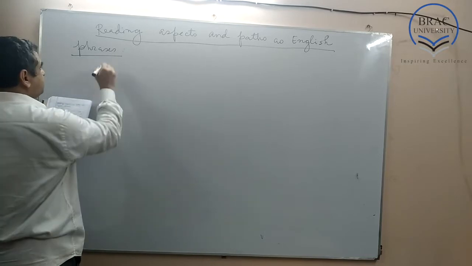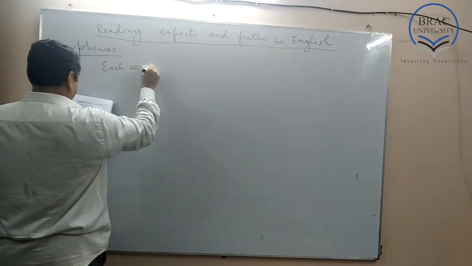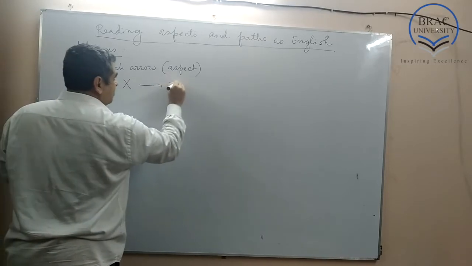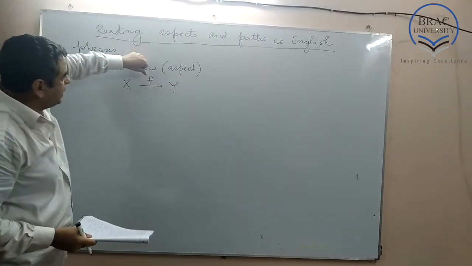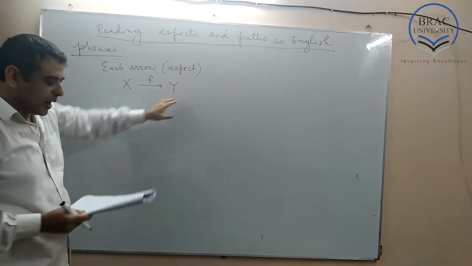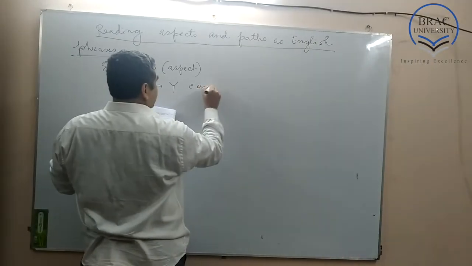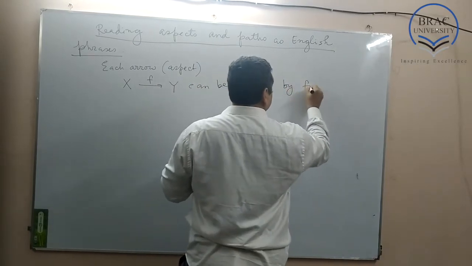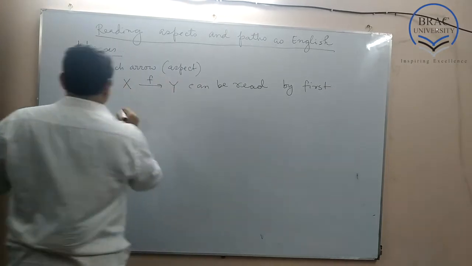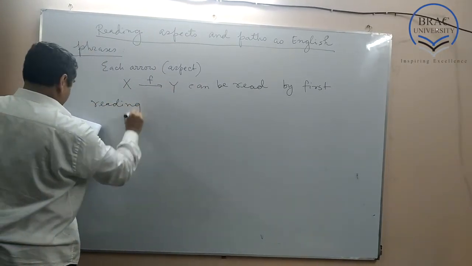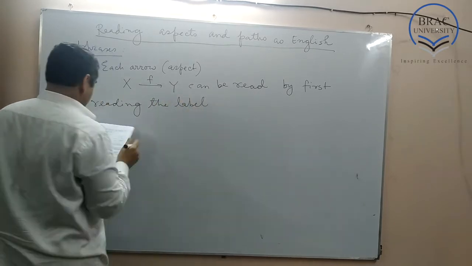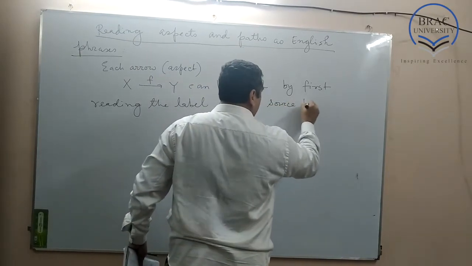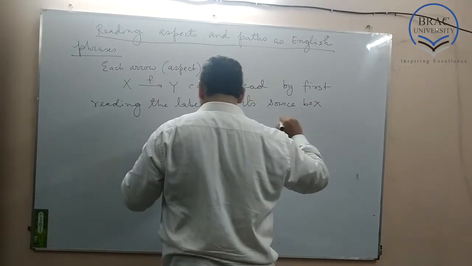So, given an arrow, and we know that the arrows are aspects, f is an aspect between the types X and Y. This can be read by first reading the label on its source box. Source box X.